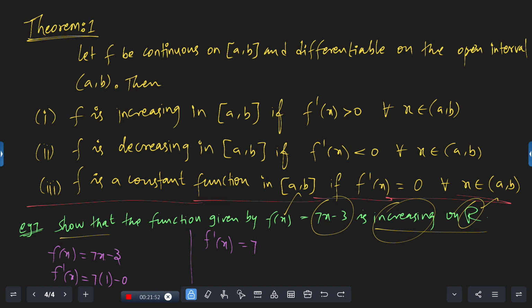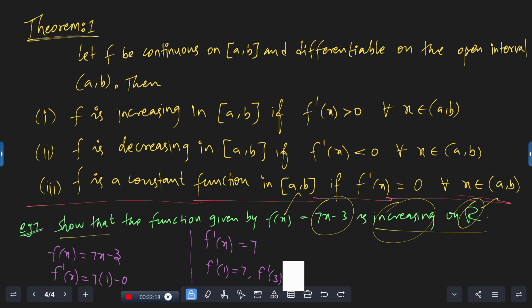Am I right? Now here, x value, give whatever from the real numbers. They said for all real numbers it should be increasing. Now you give any value for x from the real numbers, what will you get? The 7 will have no change. That we have already discussed. So constant, see, f dash of 1 I am giving 7, or f dash of 3 I am giving 7.